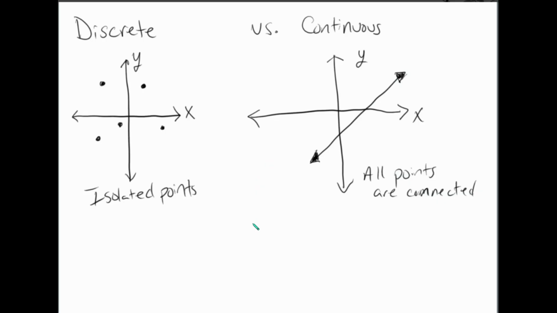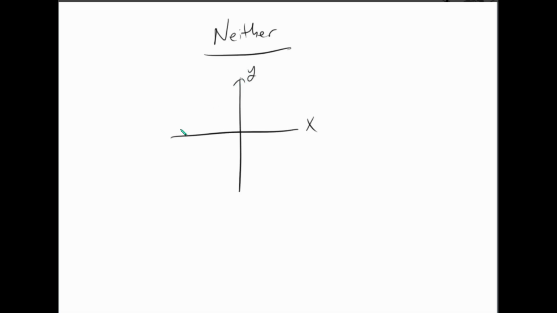Now, you do have times where we have some graphs that meet characteristics of both of these. In that case, since the graph will have characteristics of both discrete and continuous, we will classify those as neither of the two. Let me give an example of what that might look like. This would be a graph that we would classify as neither. If I have a set of axes, and this set of axes has character traits of both continuous and discrete.